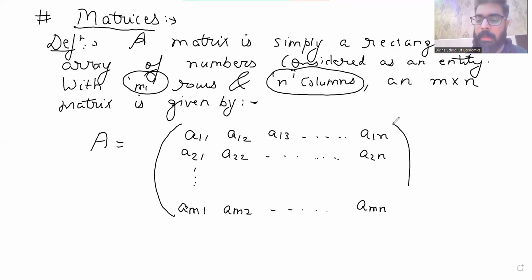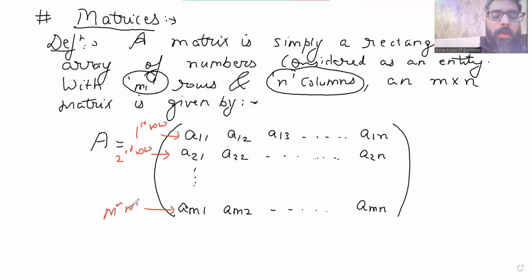Using red color, students can see that this is the first row, this is the second row, dot dot dot, this is the mth row.